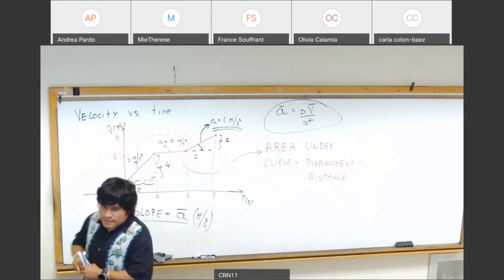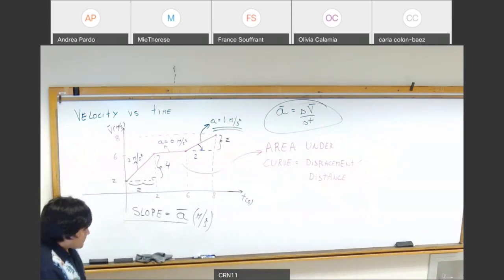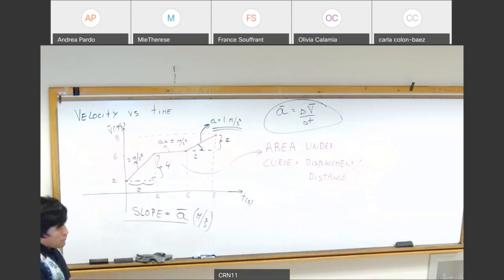All right, so that's very interesting, right? So now we basically finished with that chapter of motion, with introducing these graphs.